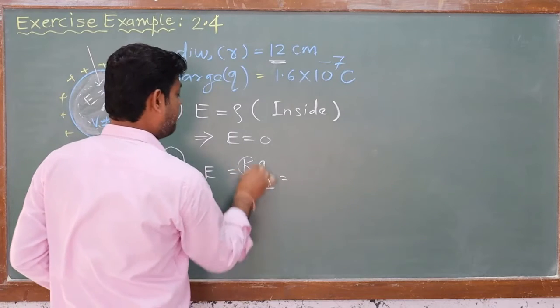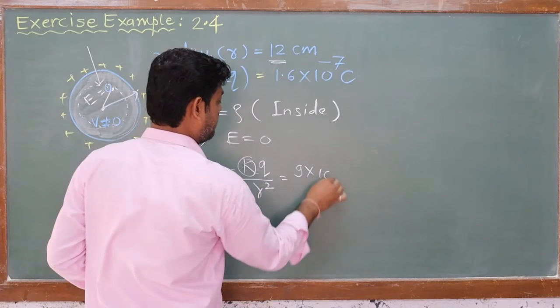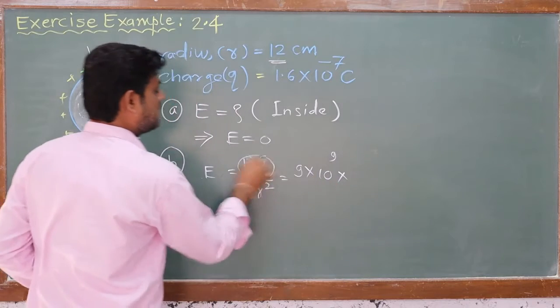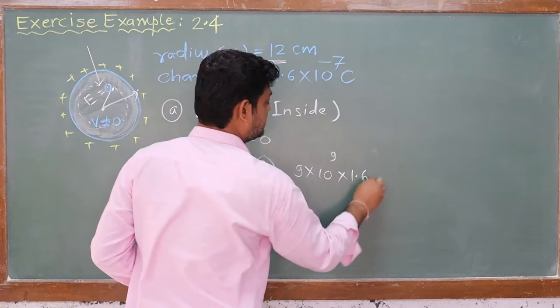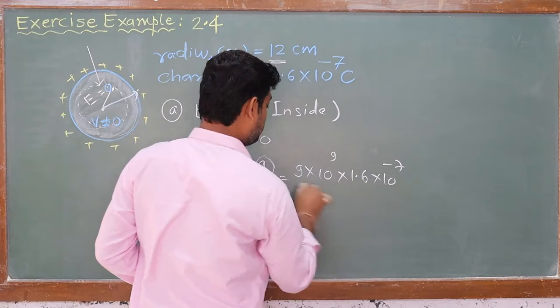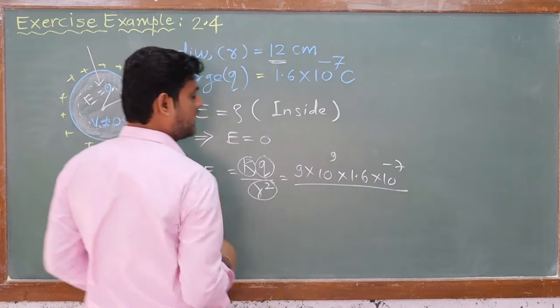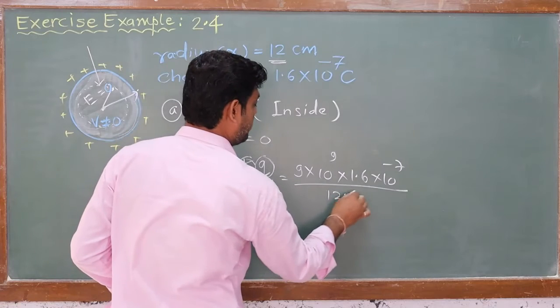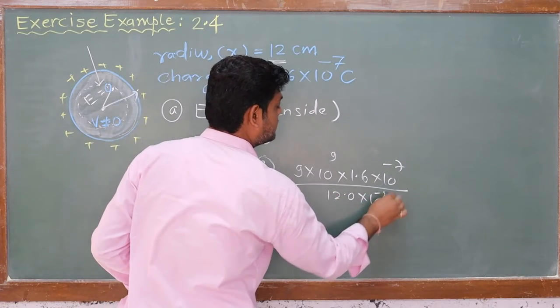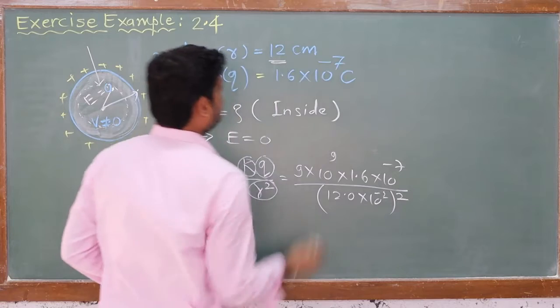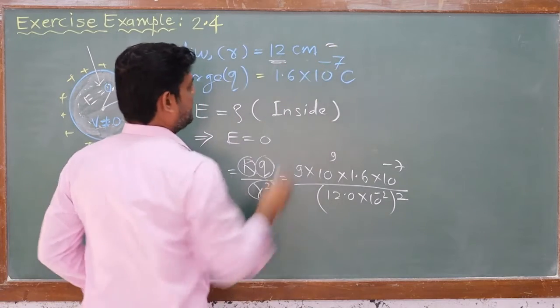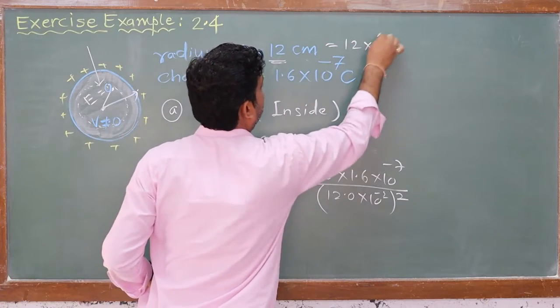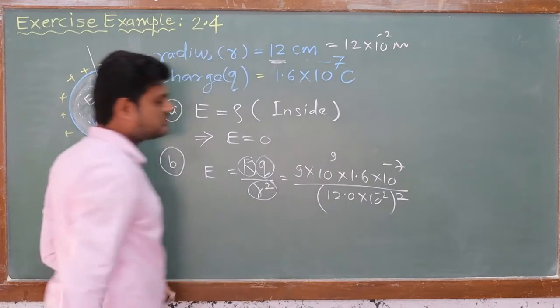We know the value of K, that is 9 times 10 to the power 9. The charge is already given, that is 1.6 times 10 to the power minus 7, and we calculate on the surface, that is 12 into 10 to the power minus 2 meter, 12 centimeter.